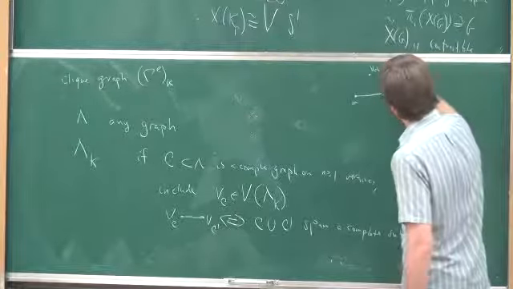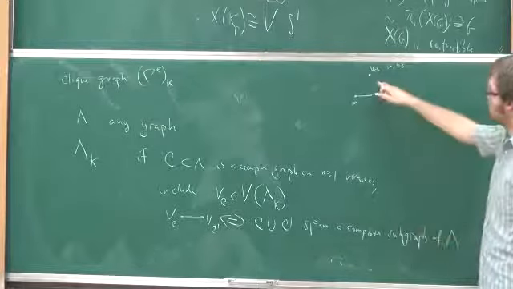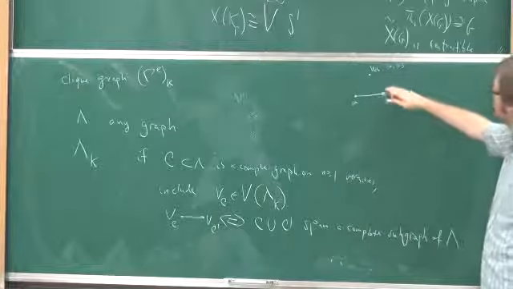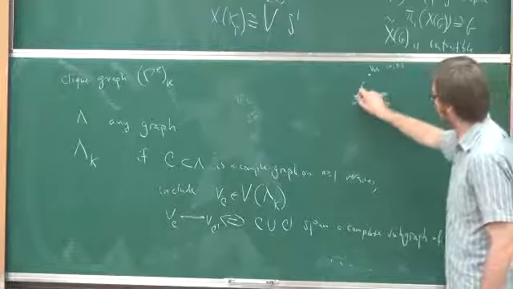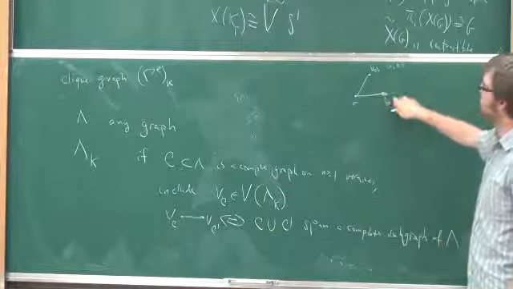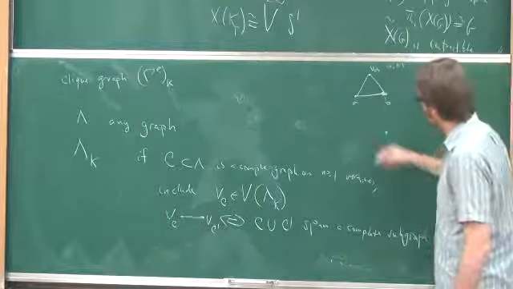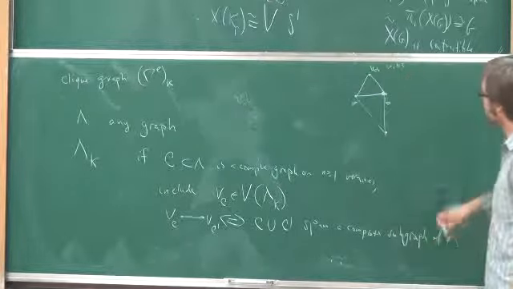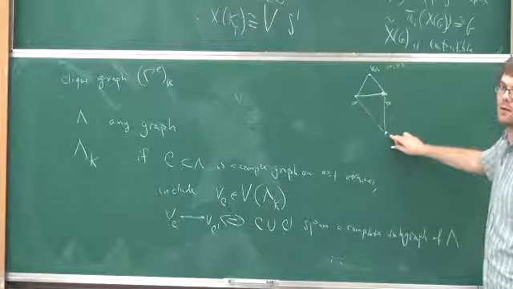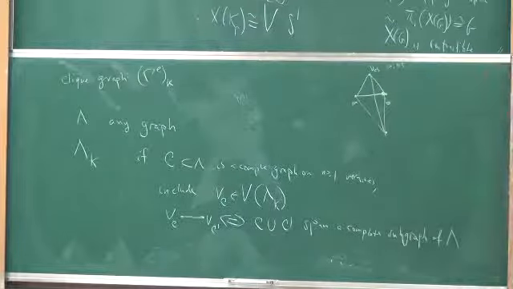So you can label this by the subgraph spanned by A and B. And now v_AB has some edges coming out of it. A and B together with A span a complete subgraph, and so we get an edge here. A and B together with B span a complete subgraph, and so we get an edge here. And now it's possible that A and B have a common neighbor. And so then A, B, and whatever this vertex here is, also spans a complete subgraph, and so we get an edge right there. And so that's sort of an idea of what this looks like.